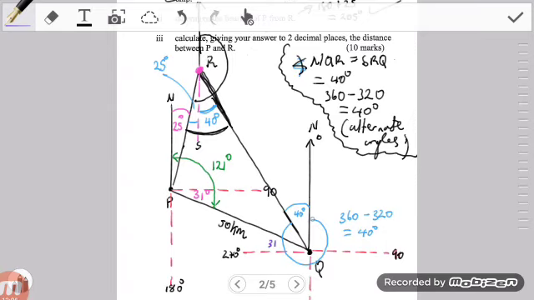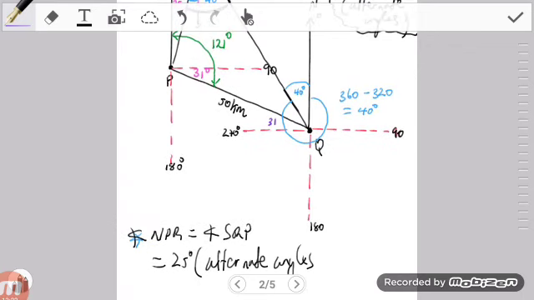This angle in here is going to be equal to the full angle, which is 320 degrees, the bearing, and we're going to take away the result of 270 plus 31, that's 301 degrees. That works out to be 19 degrees. That's just one way of finding it. Okay, 19 degrees here.